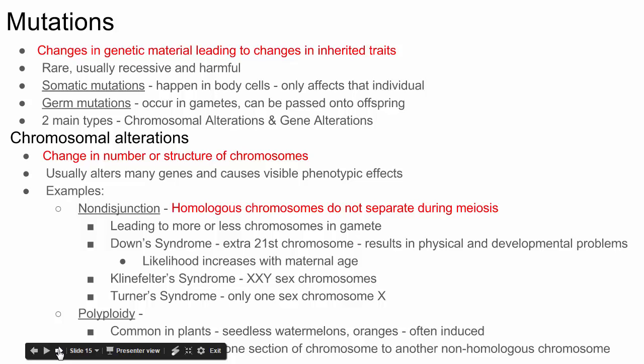As the mother gets older, if you look at a graph showing the incidence of Down syndrome with maternal age, you'll see it gradually goes up. So the older a woman is when she becomes pregnant, the higher the chances of having a child with Down syndrome. There's more likelihood that when those eggs mature, non-disjunction happens and there's an extra chromosome.